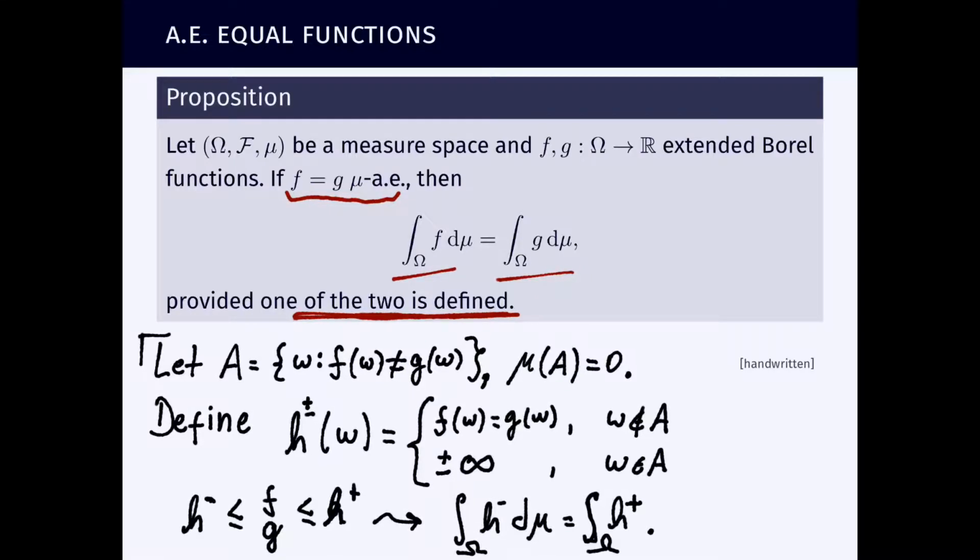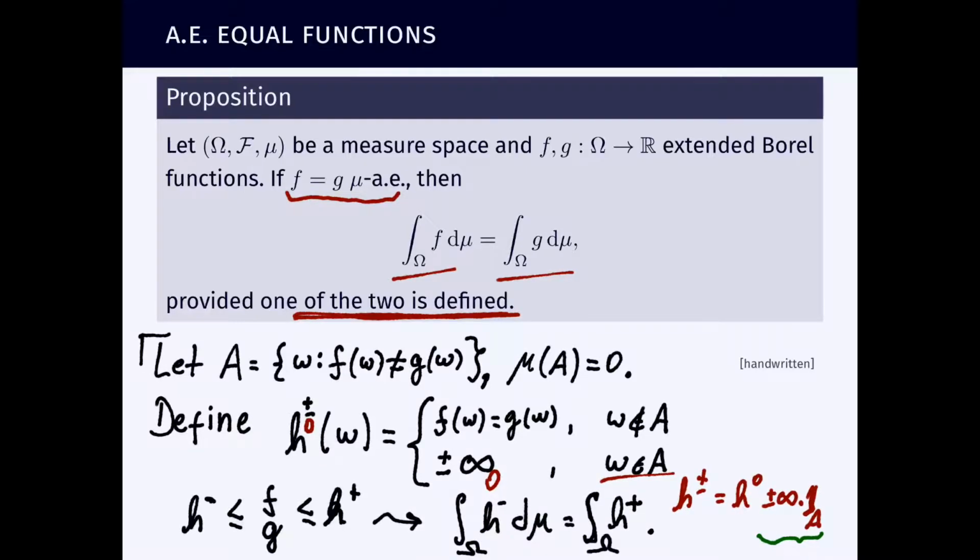To show that, it is enough to define also some h 0 that will take values 0 when omega is in A, and we just need to note that h plus or minus are both equal to h 0 plus or minus infinity times the indicator of A. And this function here takes values infinite, 0 or minus infinite, so we know exactly what its integral is.